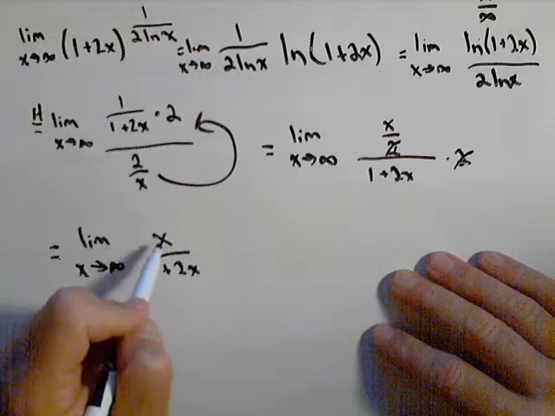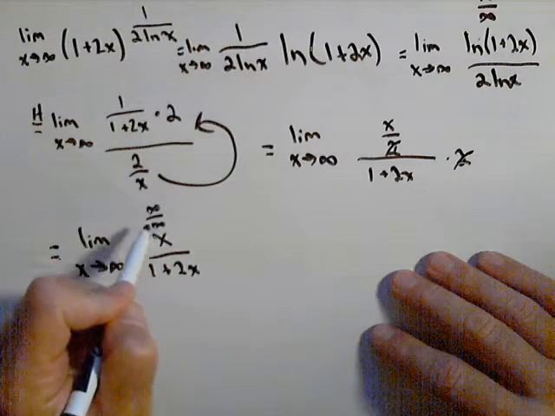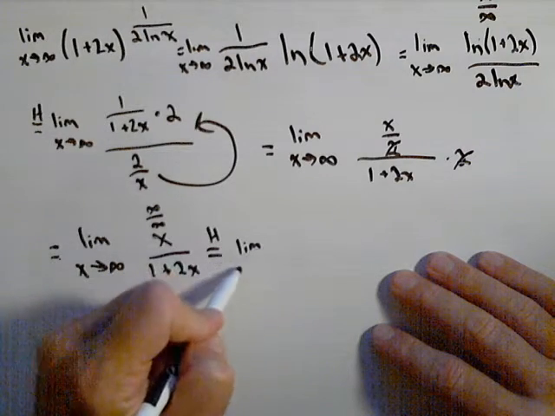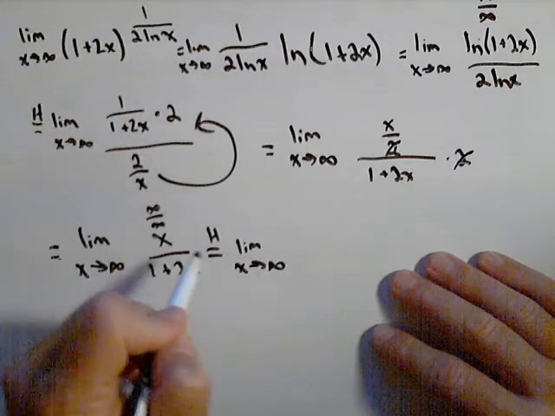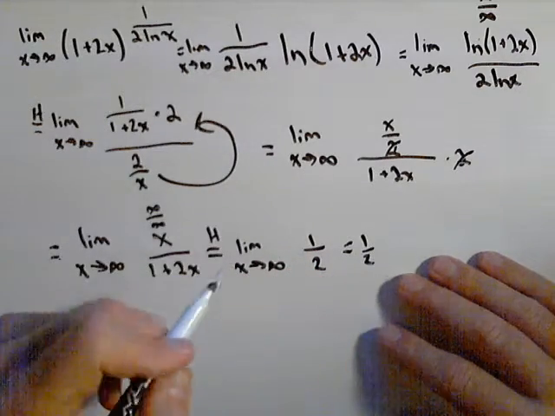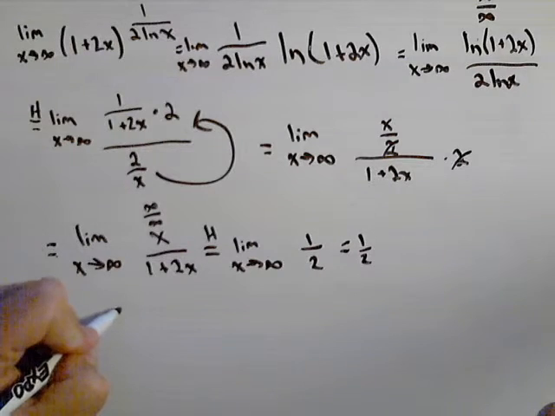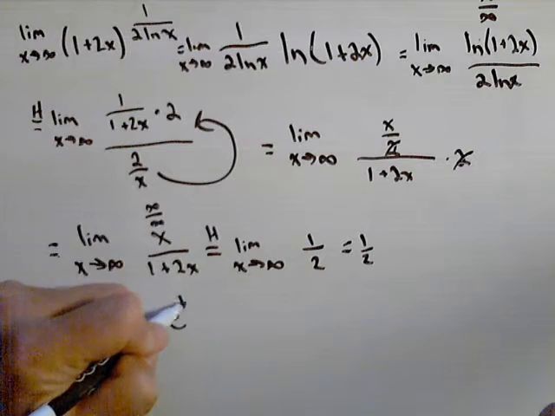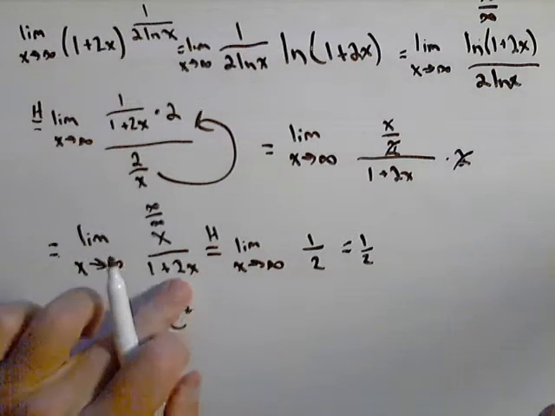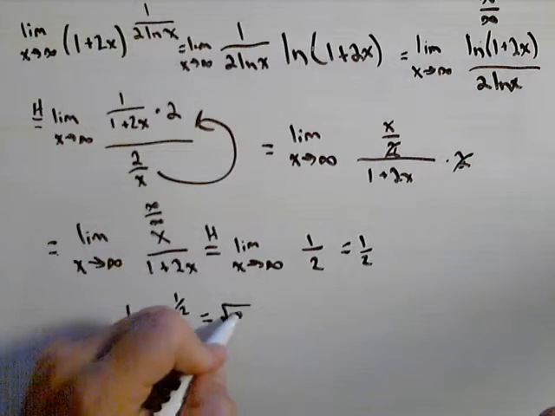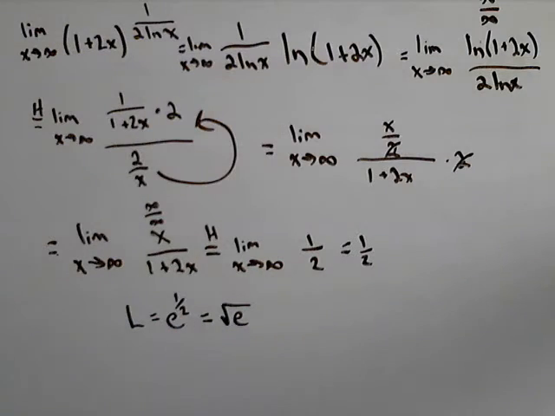This is basically an infinity over infinity case again. So applying L'Hopital's rule one more time, I get the limit as x goes to infinity of 1 over 2, which is 1/2. Now remember, this is not the limit. This is the natural log of the limit, so L equals e to the 1/2, or the square root of e. So, there's a couple of limits involving exponents.